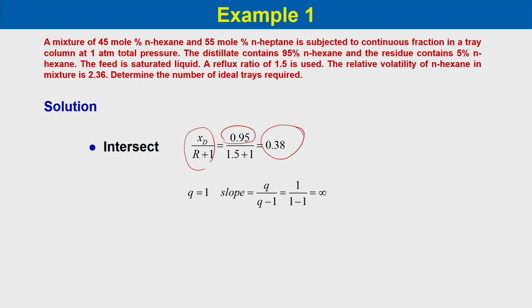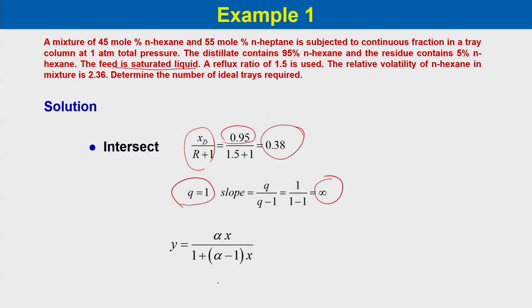Since in this case the feed is saturated liquid, q is equal to 1. So, we can calculate slope is equal to q by q minus 1, which is 1 by 1 minus 1, which is infinite. So, it will be a vertical line from the location of the feed on the 45 degree diagonal.